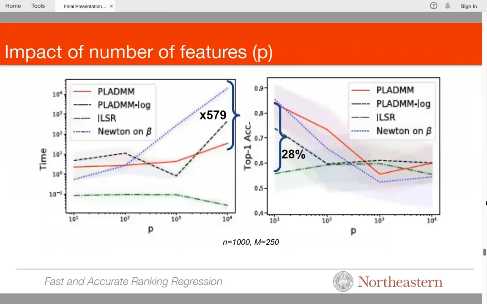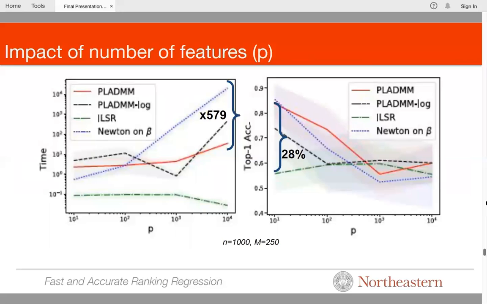We also want to understand how the performance in terms of both time and accuracy relates when we change the number of samples, number of features, and number of observations. Here I will present the number of features dependency. We have the other observations in our paper. As the number of features increases, our methods become more and more advantageous compared to the other ranking regression algorithm Newton on beta, up to 579 times when we have the largest amount of features.